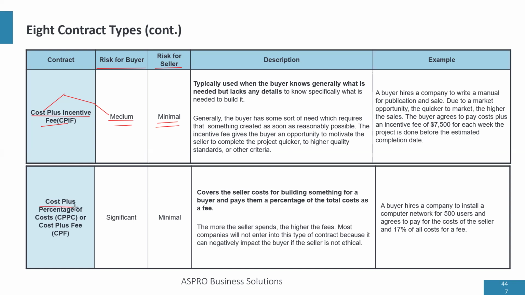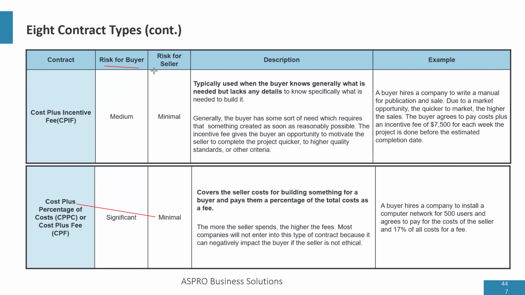Now, this is the last one. We're going to talk about cost plus percentage of cost, or cost plus fee. Now, what does cost plus percentage of cost mean? It means that the buyer is going to pay for the cost of doing the work and is going to pay a percentage of that cost to the seller.